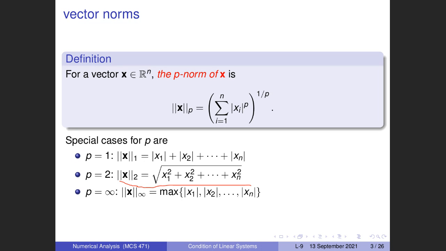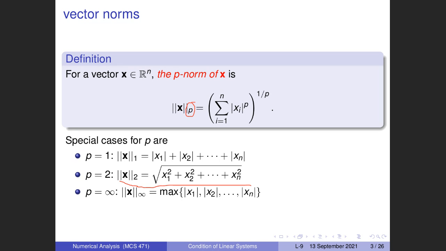So in our bounds, we will often leave off the subscript, the little p here, for convenience, just to indicate that the properties that we derive are independent of which norm we are using.